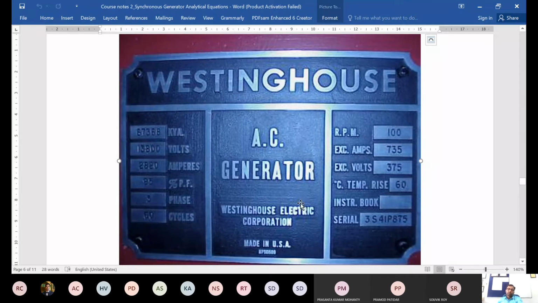It has 72 poles and the frequency is 50 Hertz. So what will be the RPM now? 50 into 120 divided by 72. How much is that? Sir, 83.33 RPM. Okay. So RPM will have to be adjusted.